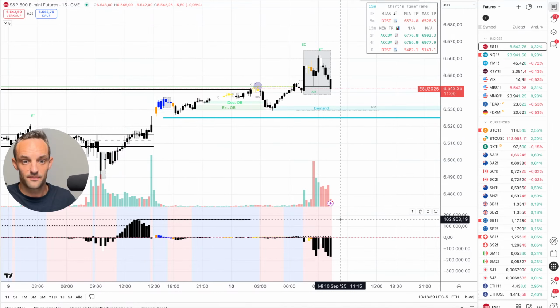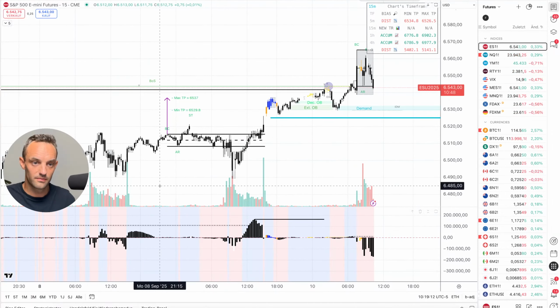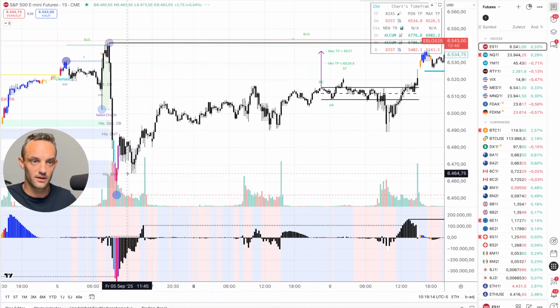What needs to happen? These guys here need to push below the inducement, push below the demand, and show real volume here on the 50-minute chart.